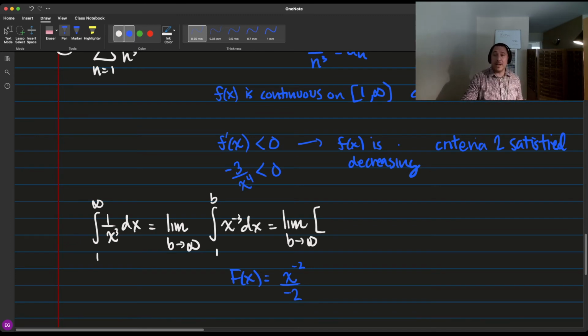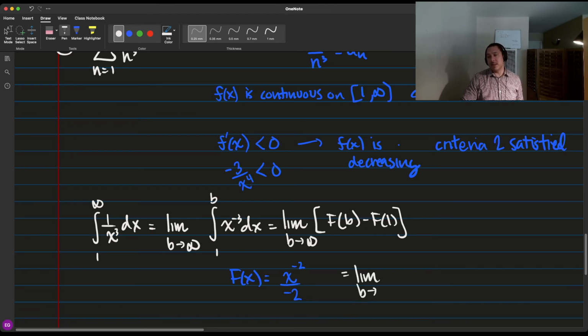Okay, and then now I need to calculate f of b minus f of 1 from the fundamental theorem of calculus. Okay, we're going to have to plug in those numbers. So I'm still doing the limit as b goes to infinity of... Okay, so what can I factor out from f of b and f of 1? I'll be able to factor out the minus half. Right?